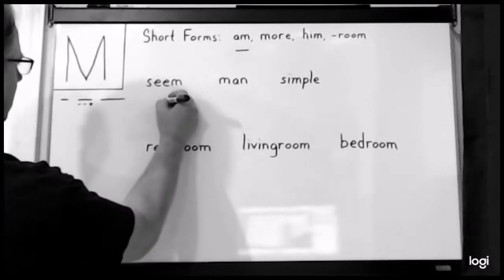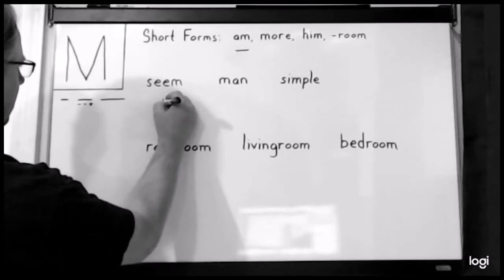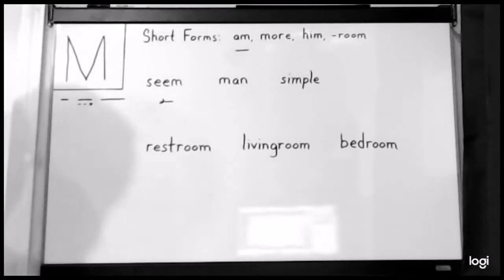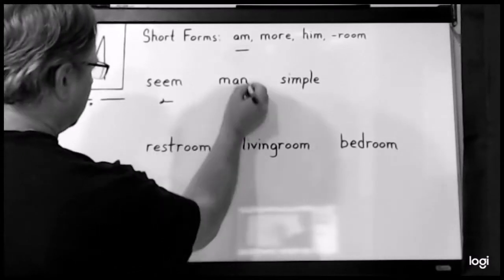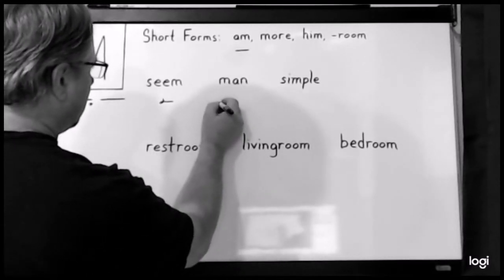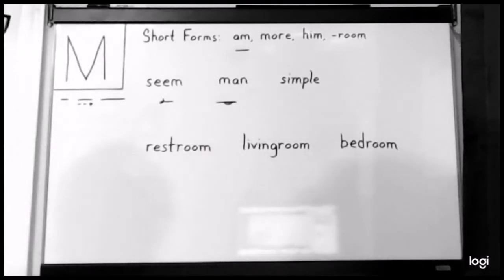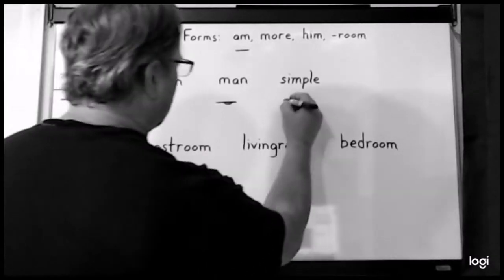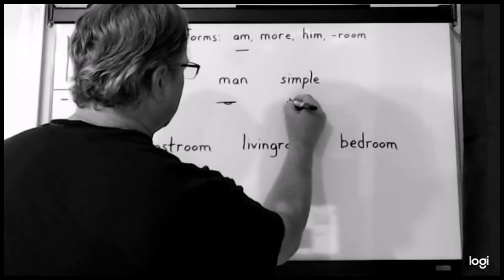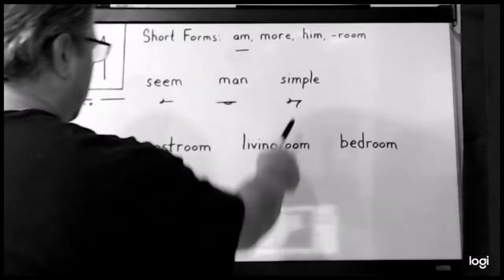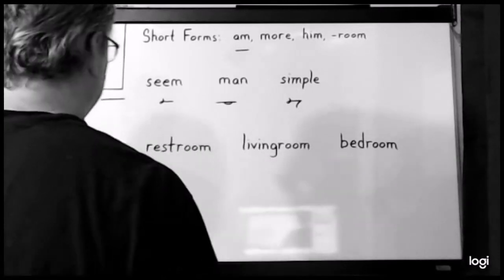The word seem, we'll just write S-E-M. The word man, just how it's spelled too, M-A-N. And for the word simple is S-E-M-P. The P at the end stands for P-L-E.